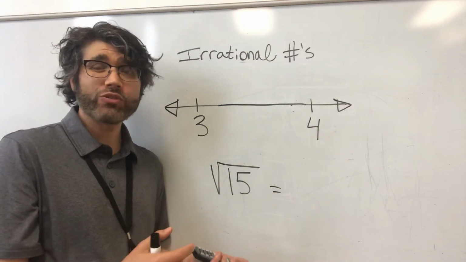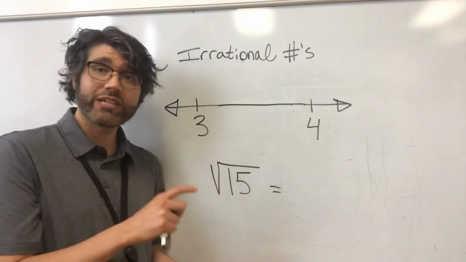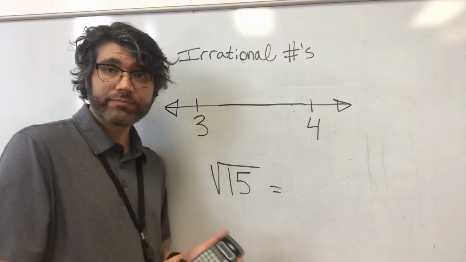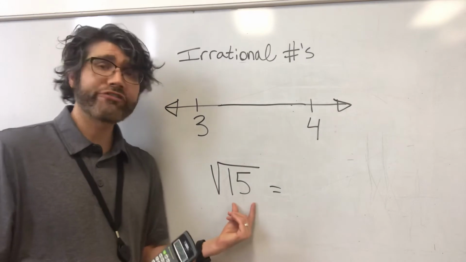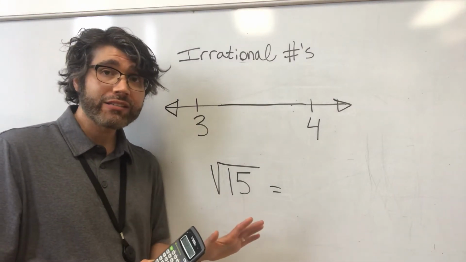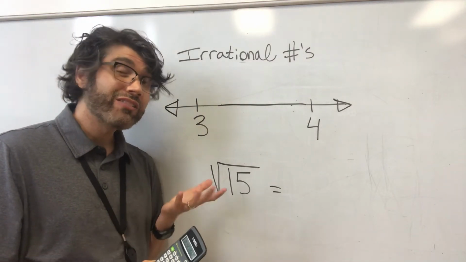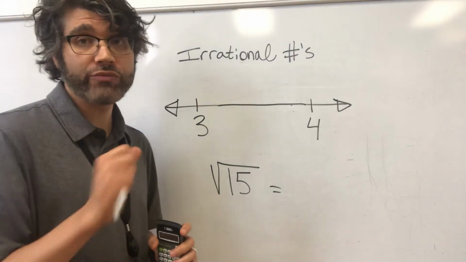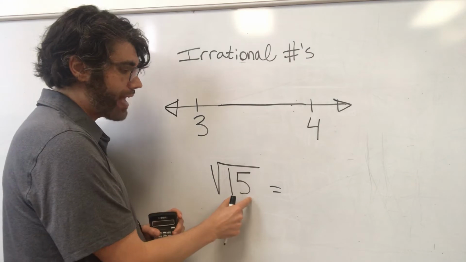What two numbers would the square root of 15 be between? And you don't even need to use a calculator. The square root of 15 is almost the square root of 16, and the square root of 16 we do know. The square root of 16 is 4.